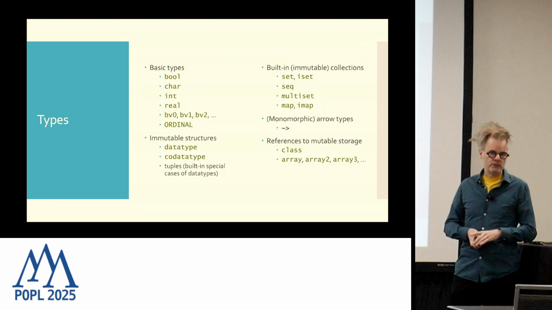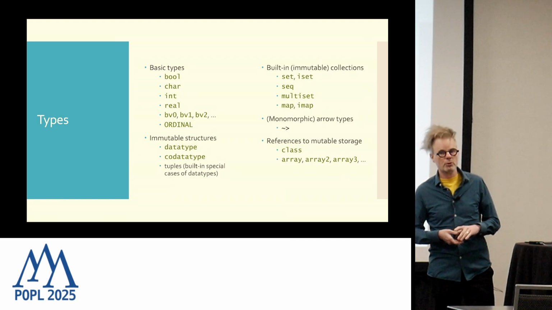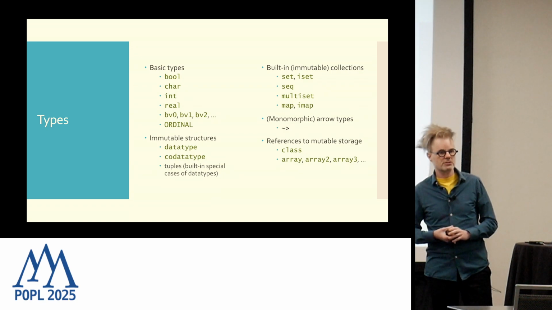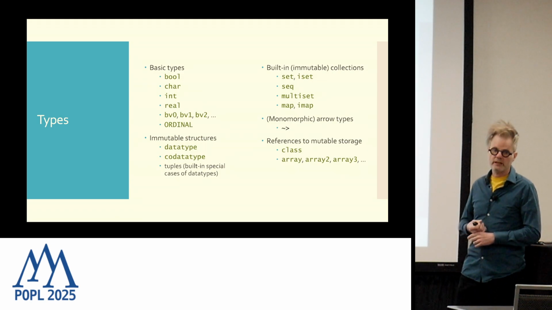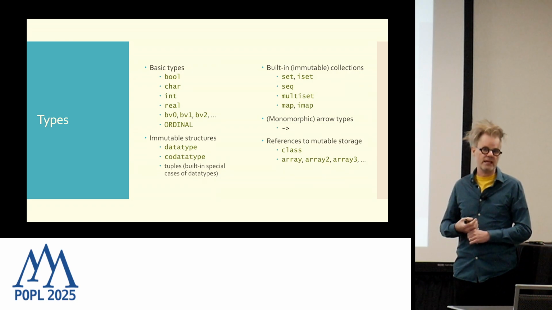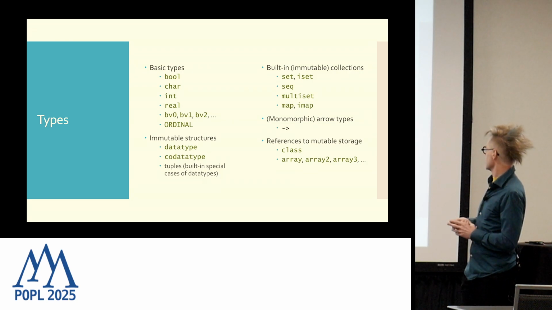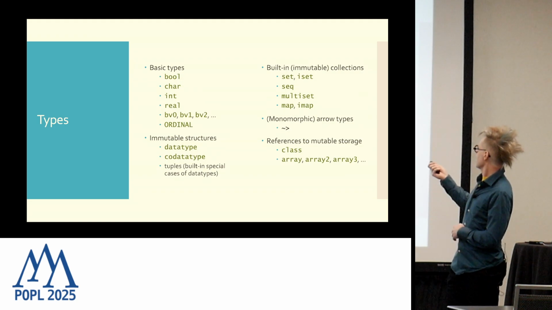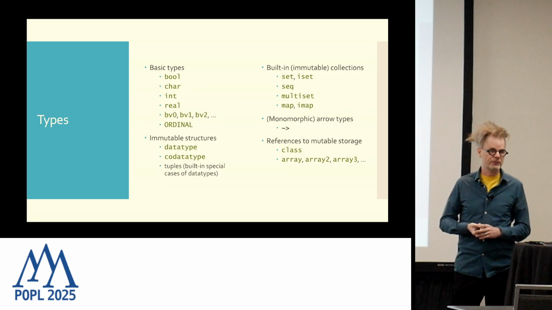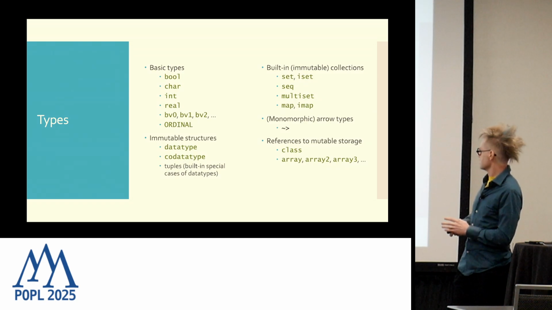Then there are built-in collection types, and this is important for the language itself because you need sets to describe certain modifications. It's also quite convenient, since a lot of specifications use these sorts of things. So you have finite and infinite sets, finite and infinite maps, sequences and multisets.